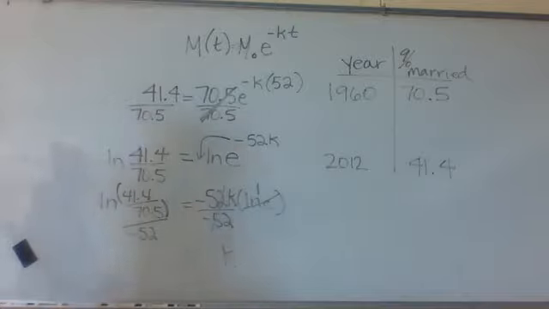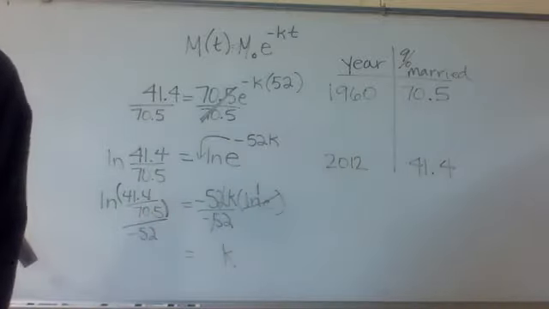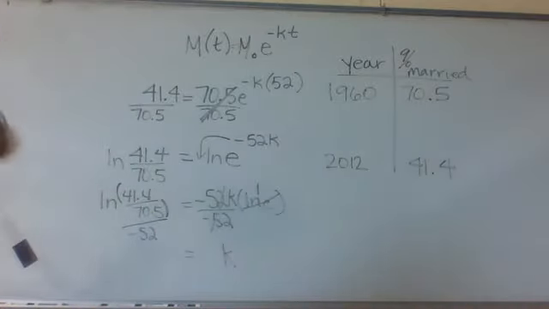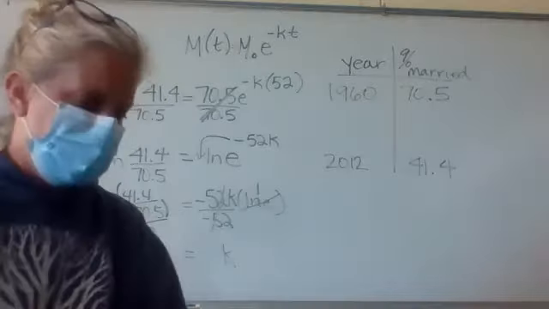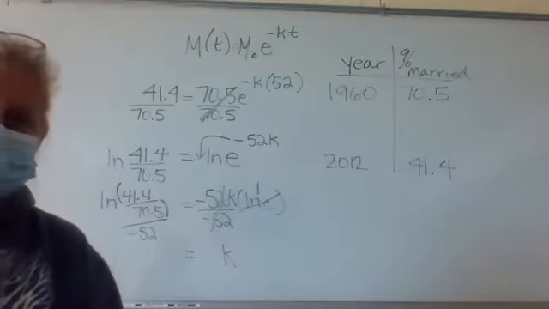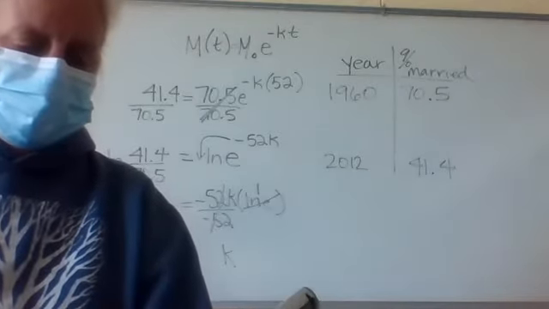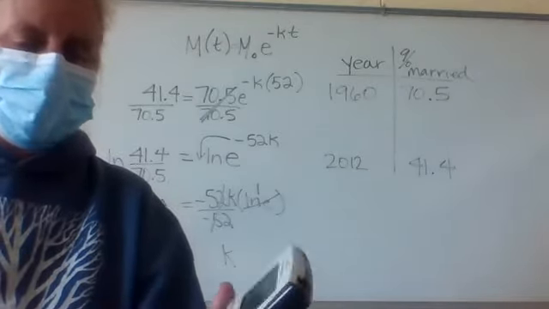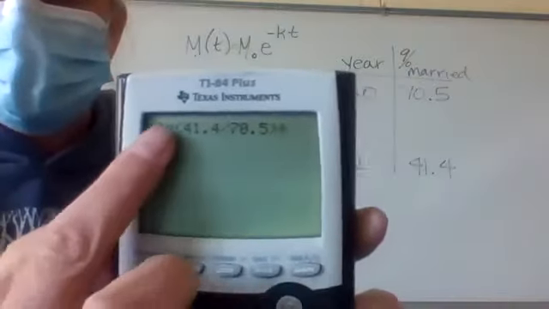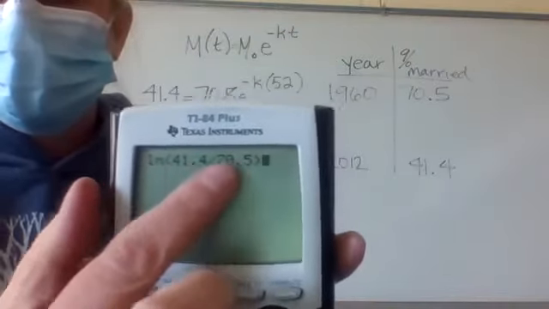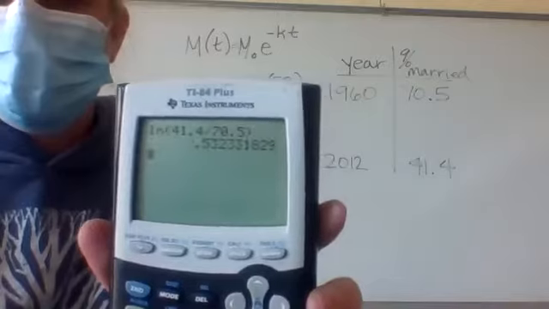So make sure you close out your ln after that 70.5. So ln 41.4 over 70.5, and then close it out, right? That's your numerator. Go ahead and hit enter.